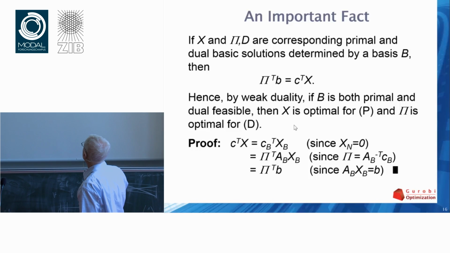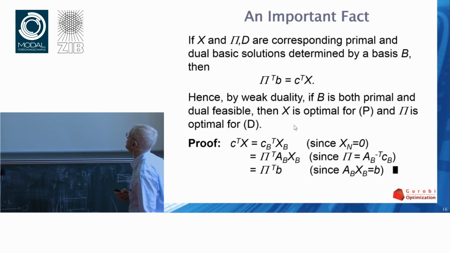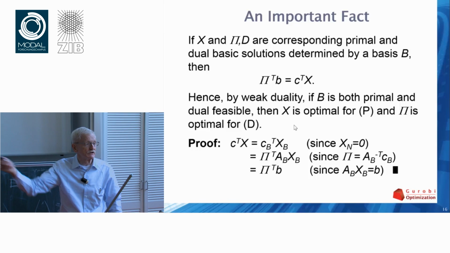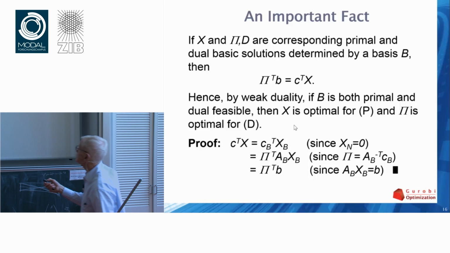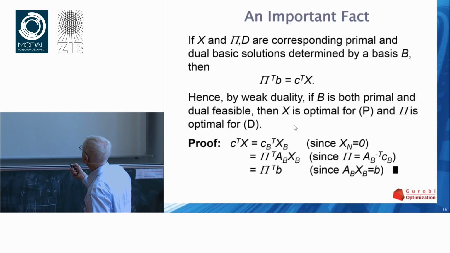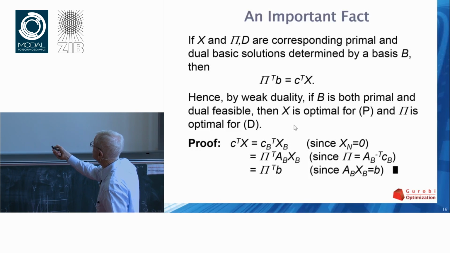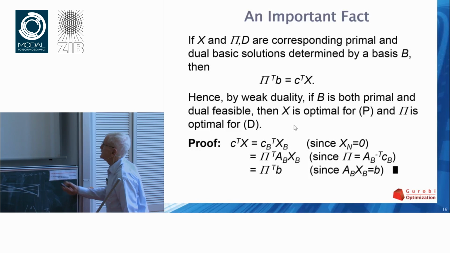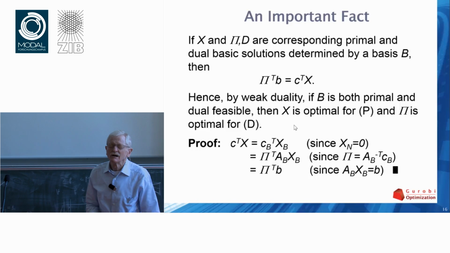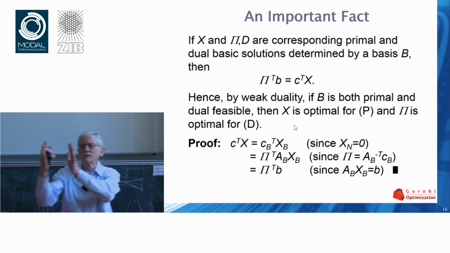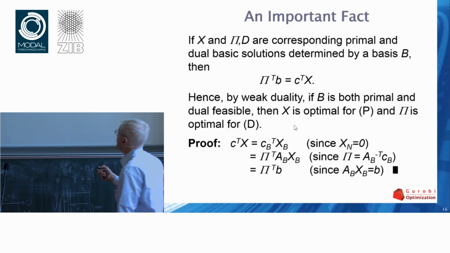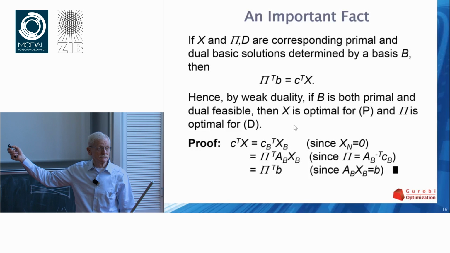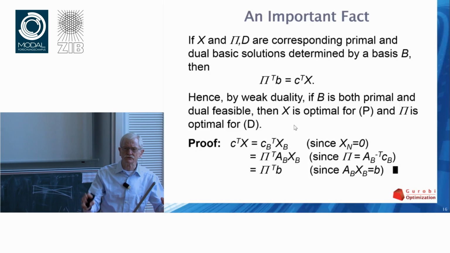Now, since pi is the solution of this system in the dual, which comes from a previous slide, I can substitute pi transpose A_B for c_B transpose. I've done that in the second equation. And now I have A_B x_B, but that's just the primal constraints. The non-basic part is 0, it's gone. That's equal to b, which gives me pi transpose b. And that's the desired equality. So that's really easy to prove.